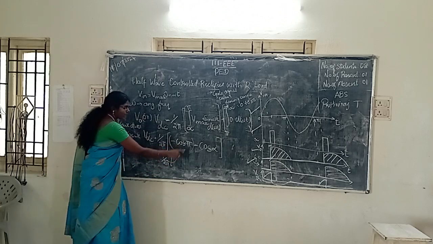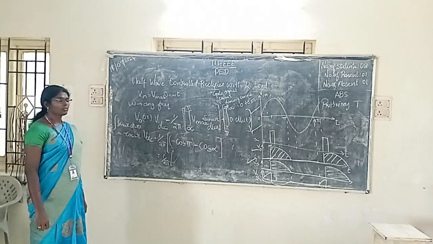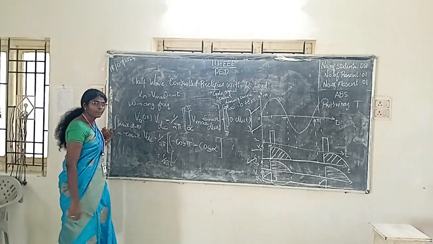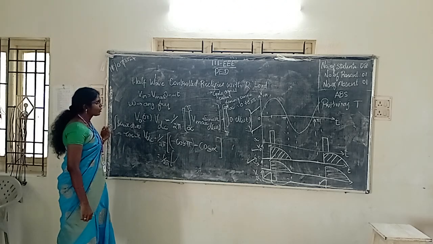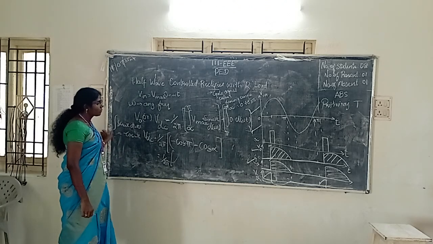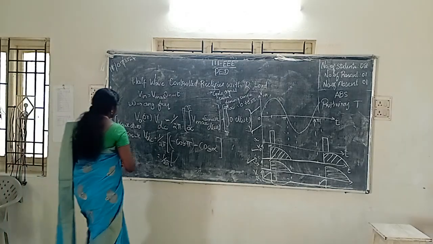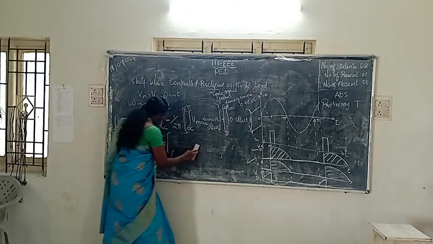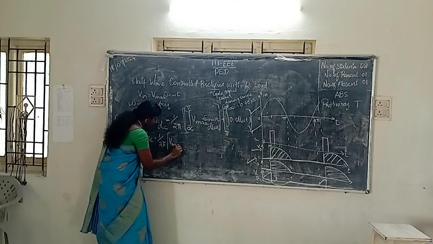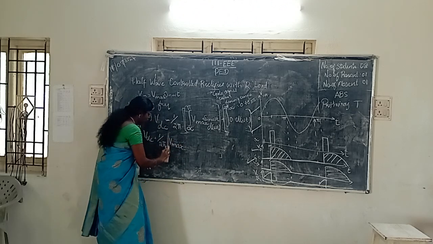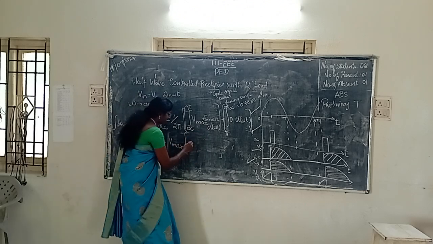So the next, 1 by 2 pi, and V max will be common outside. Upper limit minus lower limit. What is the upper limit first?